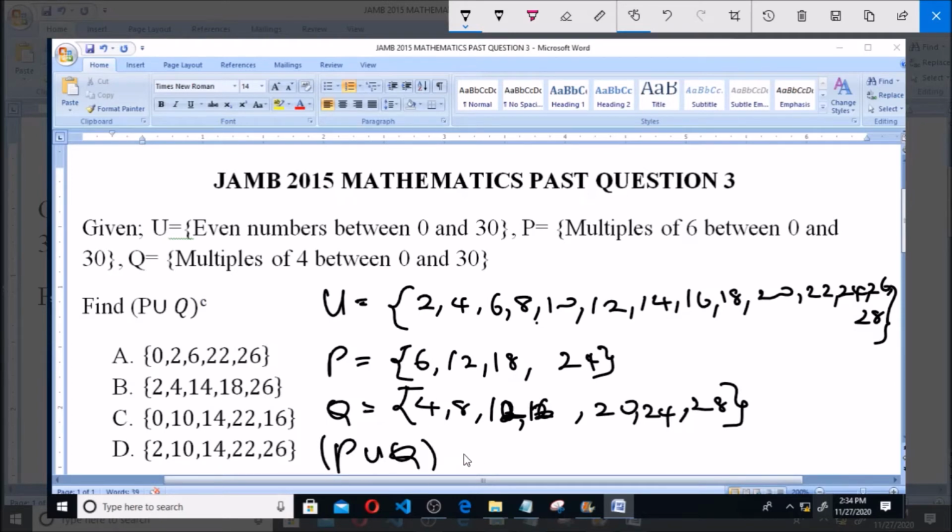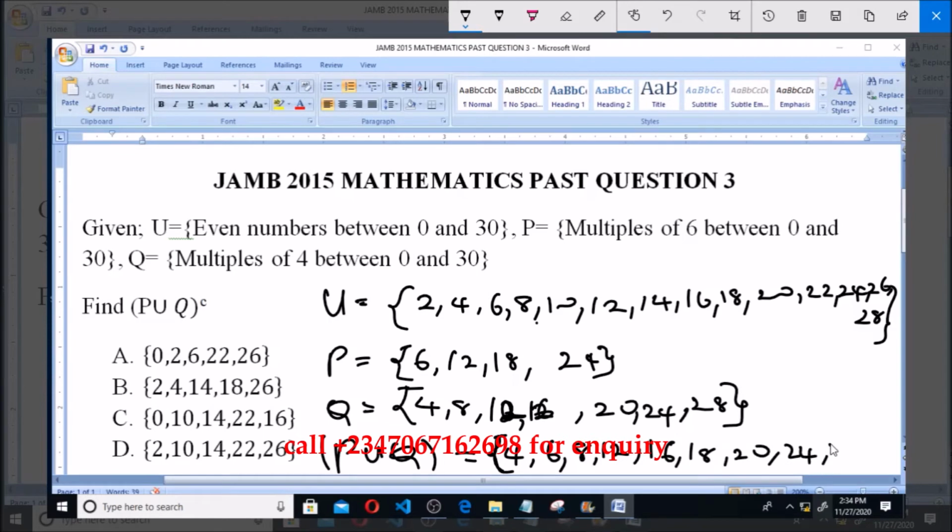Now P union Q is equal to the contents of P and the contents of Q. So P union Q will be equal to 4, 6, 8, 12, 16, 18, 20, 24 and 28. Now this is P union Q, that is the content of Q and also the content of P.